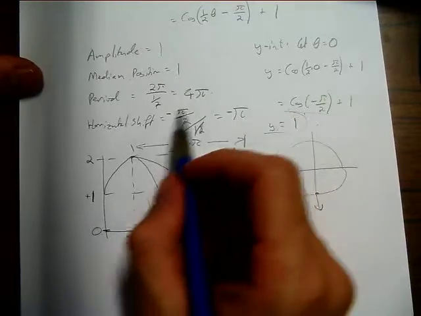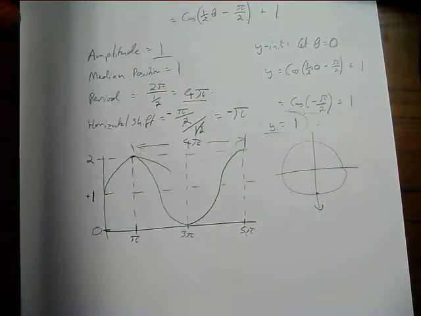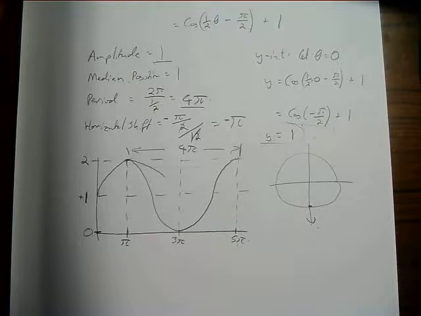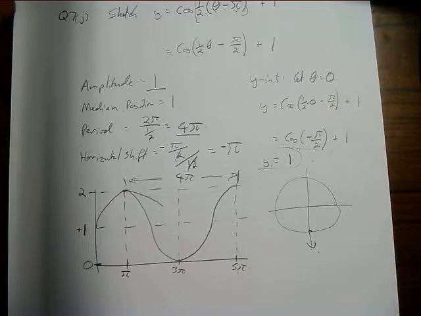So the period I've stated is 4 pi and the amplitude is 1. So it's all looking good. Any questions on that example? Okay, so it's really just the rectangle and the y-intercept there, the two important things. Alright.